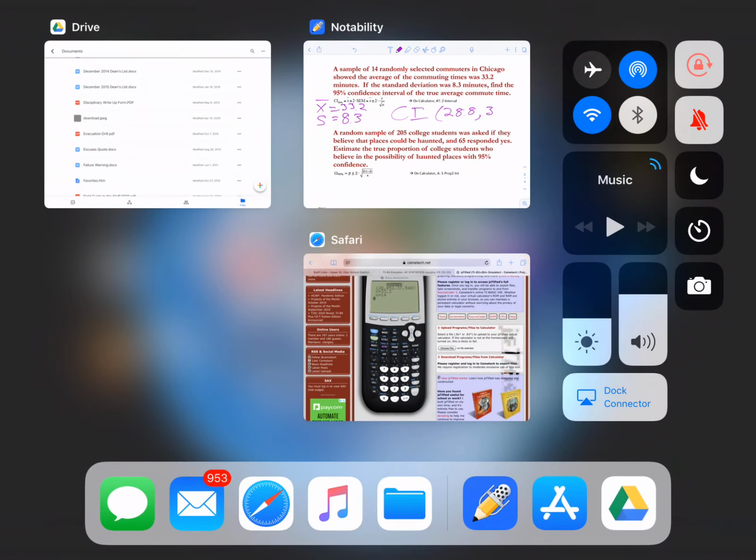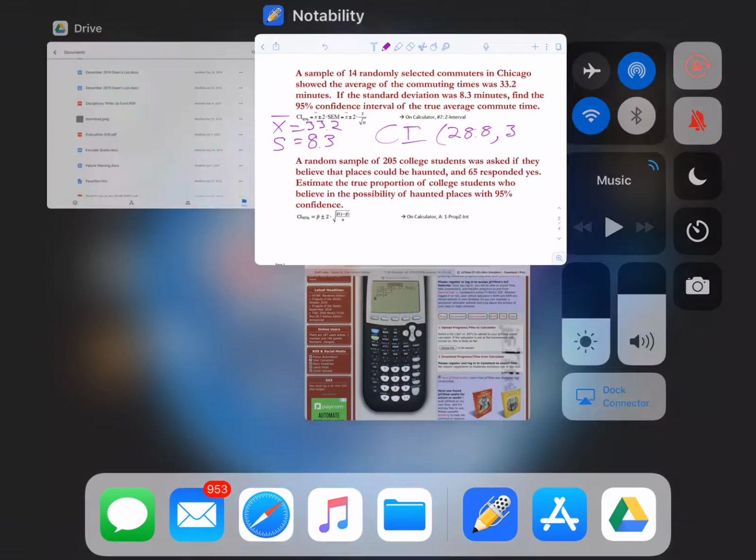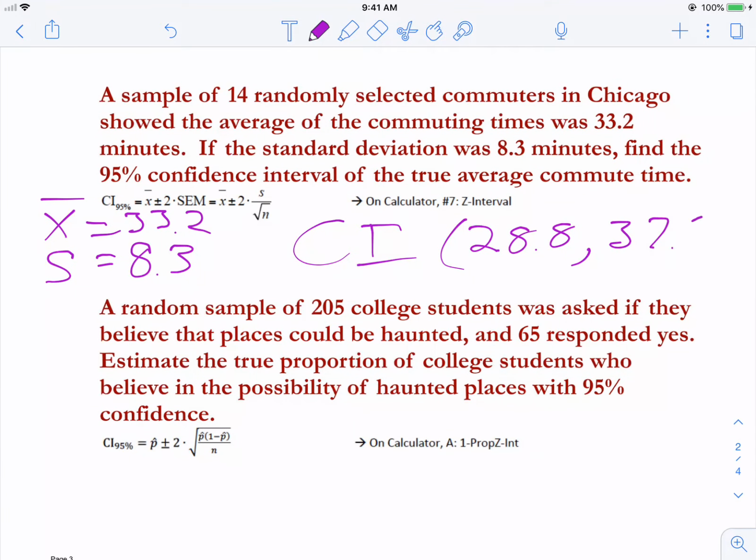So we are 95% confident that the true average commute time is between 28.8 and 37.5 minutes. You can see how this calculator greatly decreases the amount of time that you need for calculating these intervals. Let's take a look at our next one.